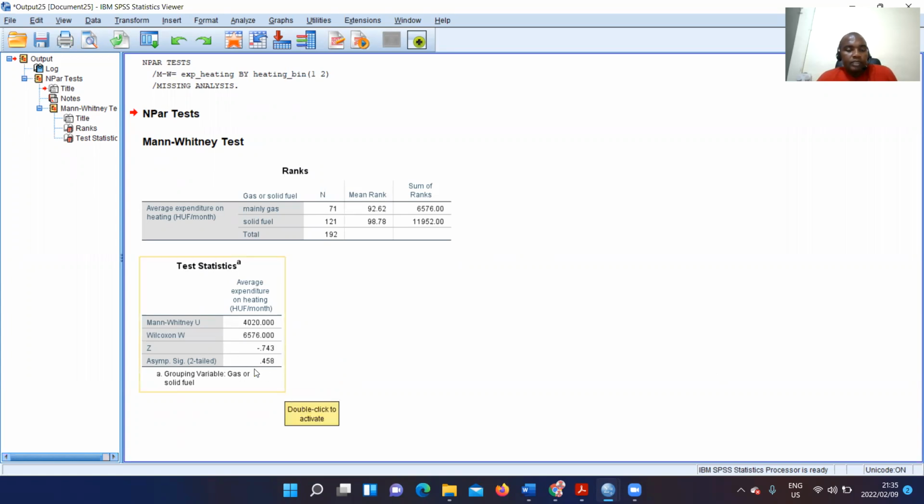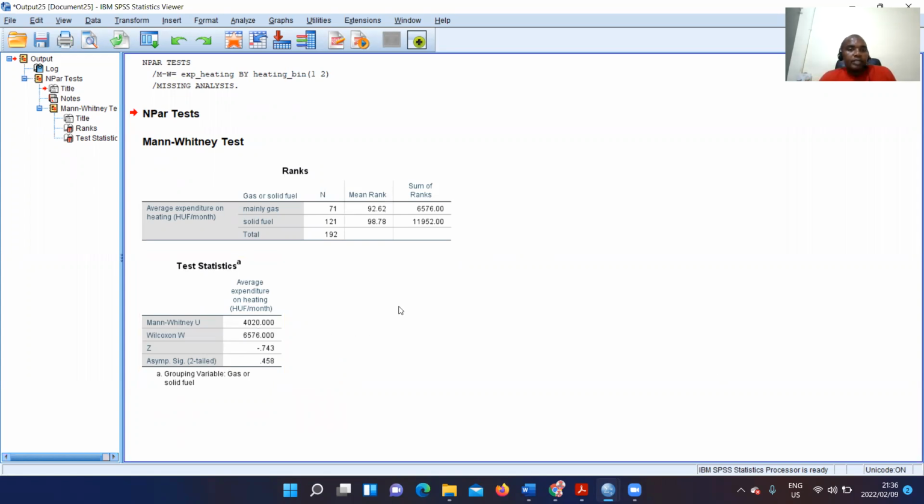The asymptotic significance probability for a two-tailed test is 0.458, which is way above 5%, which means we failed to reject the null hypothesis.